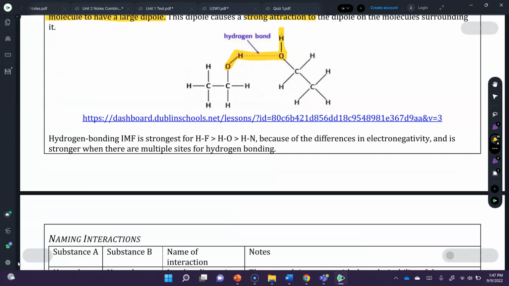The hydrogen bonding intermolecular force is strongest in this order because of the differences in electronegativity, and it is stronger when you have multiple sites for hydrogen bonding. So we have to have these bonds present, and if we have more of them present in the molecule, the hydrogen bonding is even stronger.